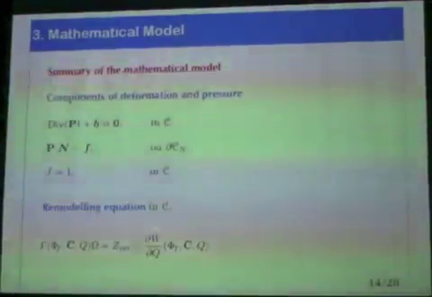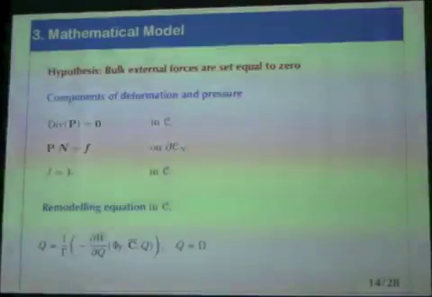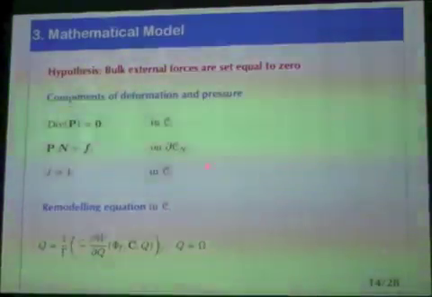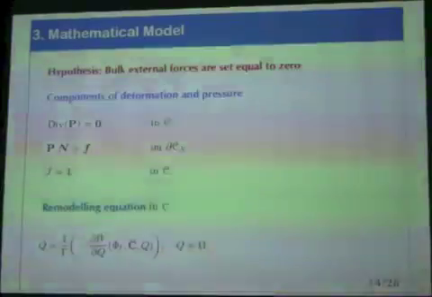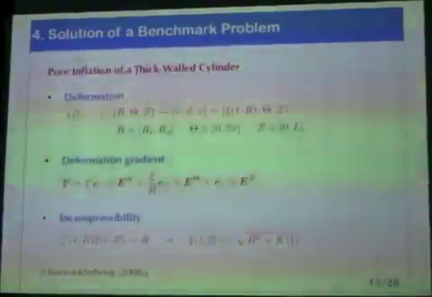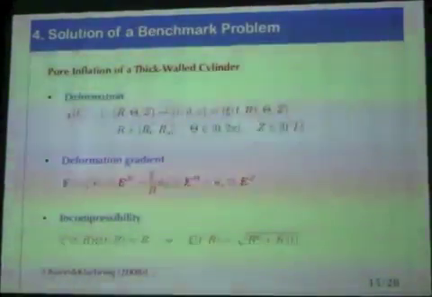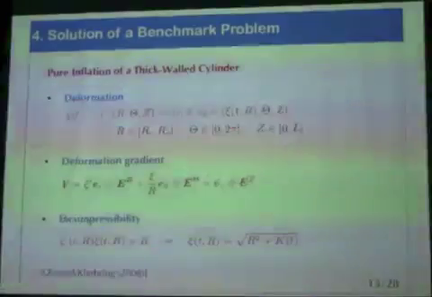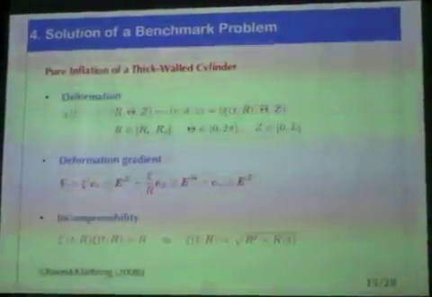So this is a brief summary of the model, and I would like to speak of the case in which the bulk external forces are set equal to 0. So actually you have a problem of this type. And just to make a very easy example, assume a cylindrical geometry, like in the case of an artery, and assume that this tube is being inflated.